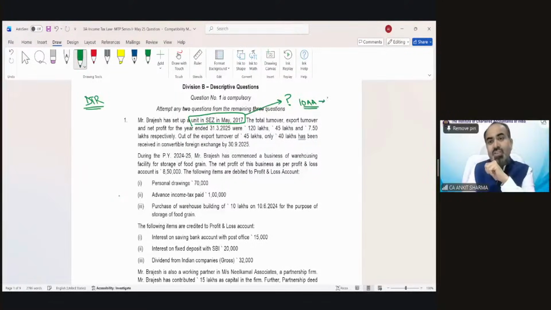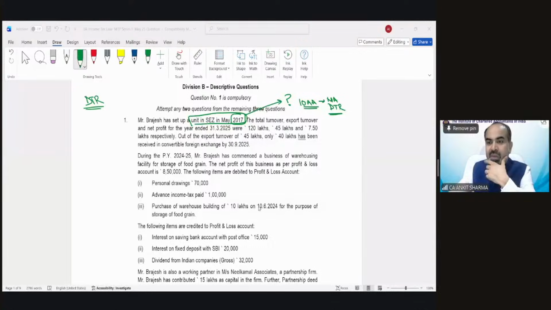And 10AA is not allowed under default tax regime. This deduction you cannot claim under default tax regime. But of course, because we need to solve this question under optional tax regime also, can you tell me the relevance of this date, the date of start of operation of any unit in a special economic zone, and how it will impact my answer?